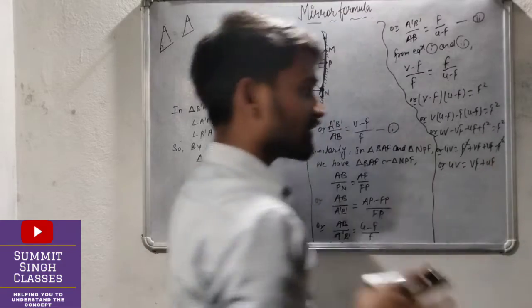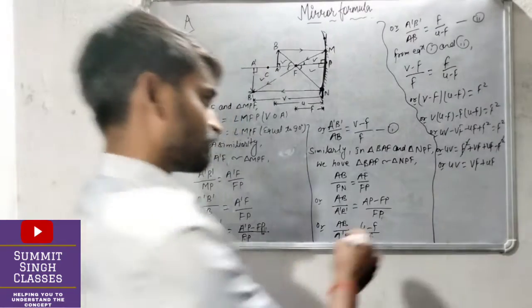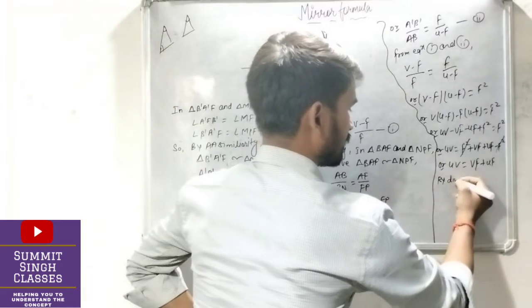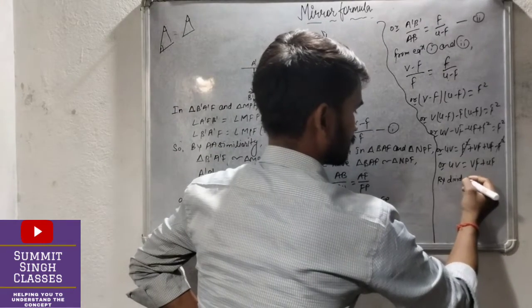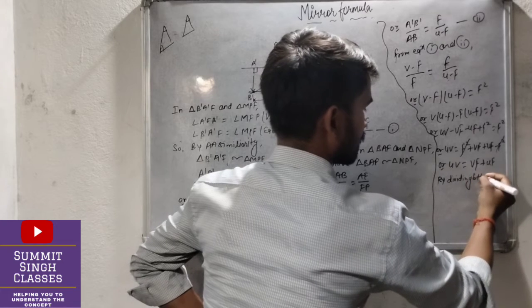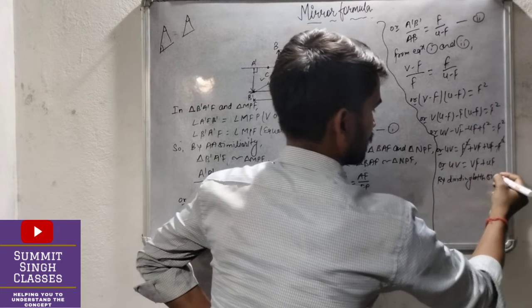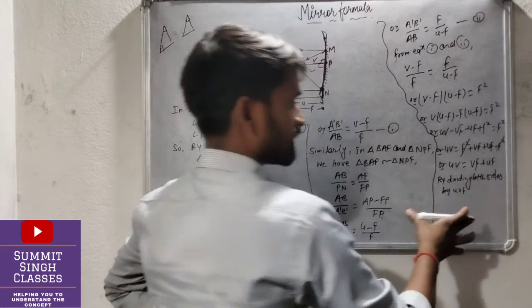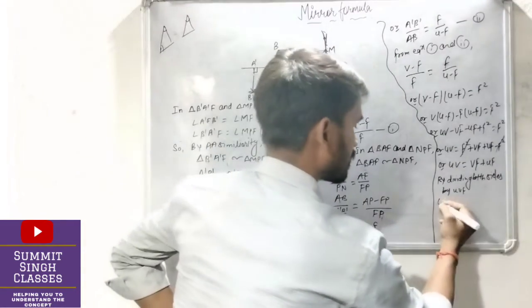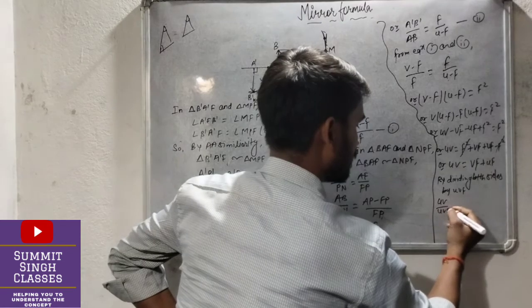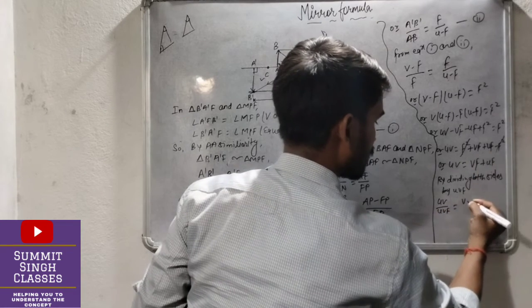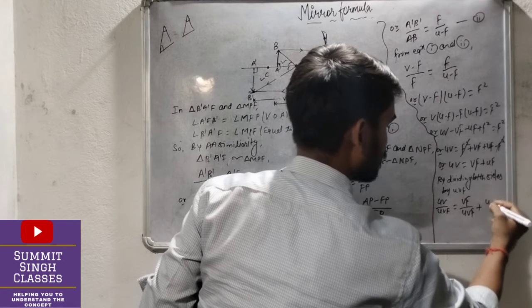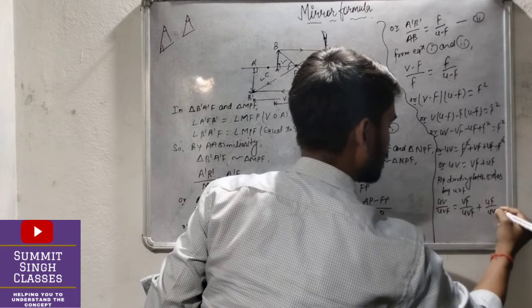Now dividing both sides by uvf, uv by uvf is equal to vf by uvf plus uf by uvf.